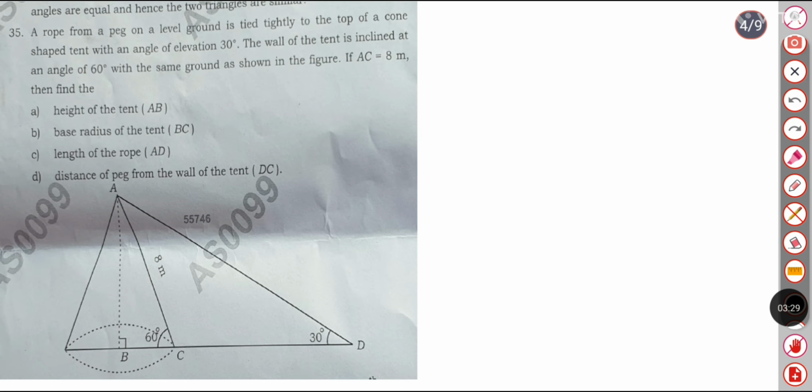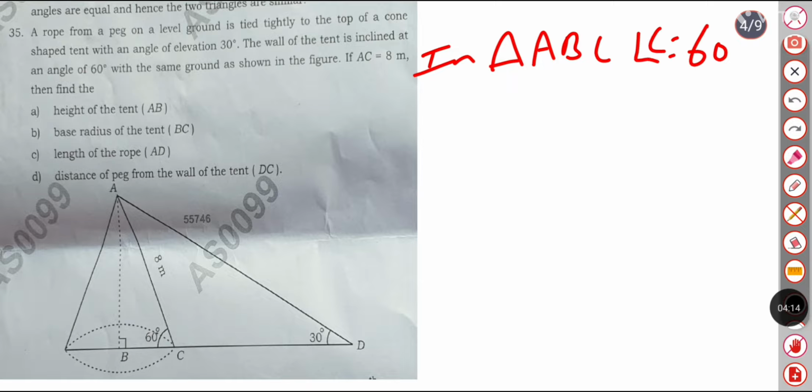For this, first let us consider triangle ABC. In triangle ABC, angle C is 60 degrees, given. If angle C is 60 degrees, we have to find the opposite side, so we have to take sine 60.